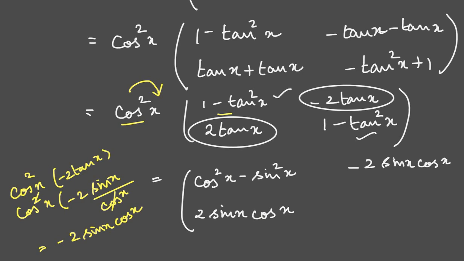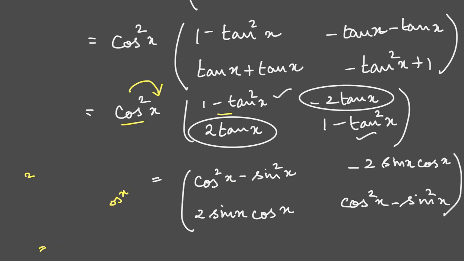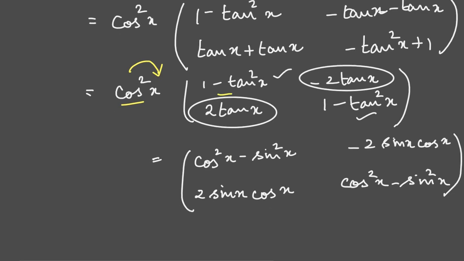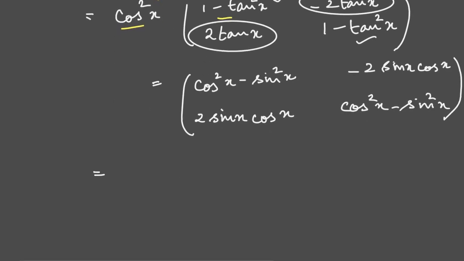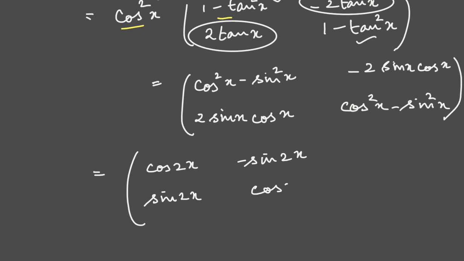Now these two diagonal elements are the same, so we get cos square x minus sin square x. We apply the formula: cos square x minus sin square x is equal to cos 2x. So we get the matrix cos 2x, minus sin 2x, sin 2x, cos 2x. This is the product of A transpose into A inverse. Checking the question, this is equal to RHS.